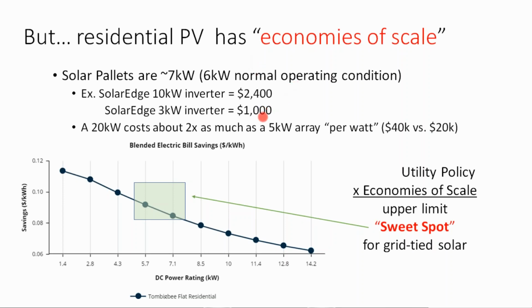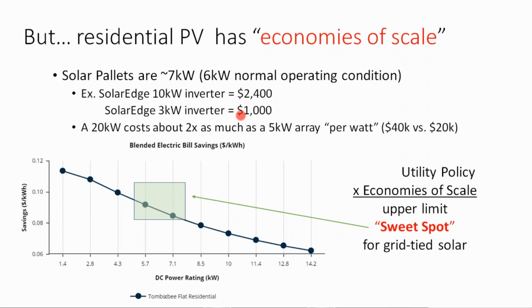So, we look at things like, okay, the inverter cost: a Solar Edge 3 kilowatt inverter costs $1,000, but a 10 kilowatt inverter costs $2,400. And so I spend 2.5 times as much on my inverter, but I get over 3 times as much inverter capacity.